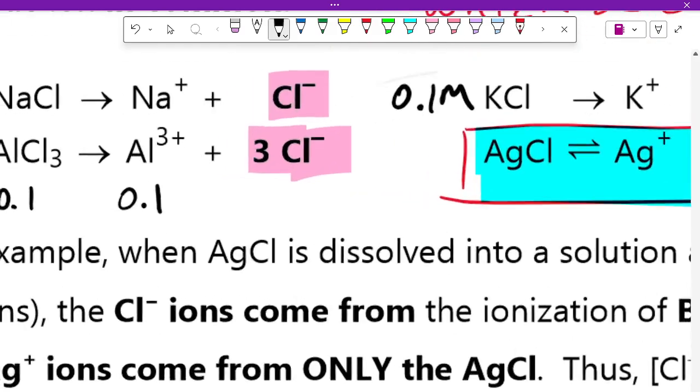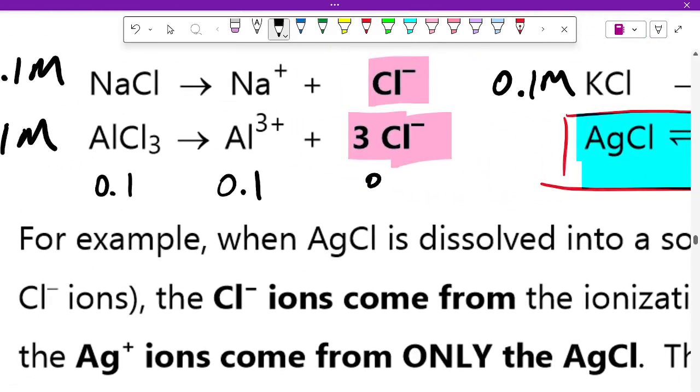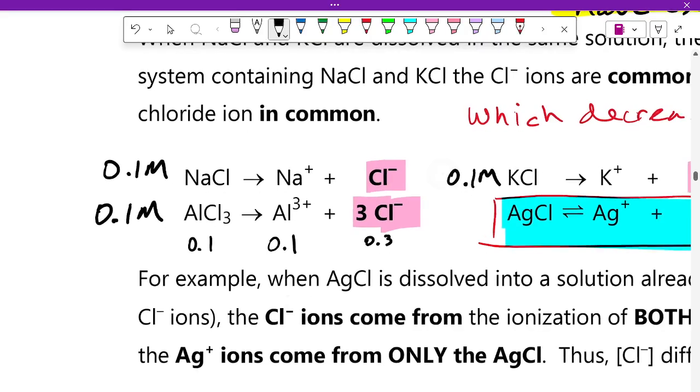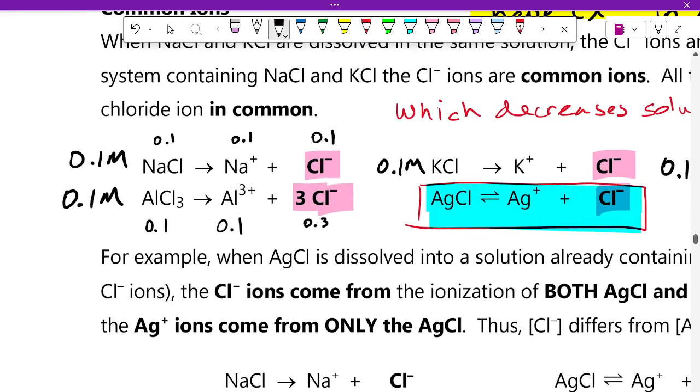What's the concentration of chloride? 0.3. NaCl? 0.1. What's the concentration of Cl? 0.1. Which of those is going to make this compound, AgCl, least soluble? Everybody, which one? AlCl3, thank you.